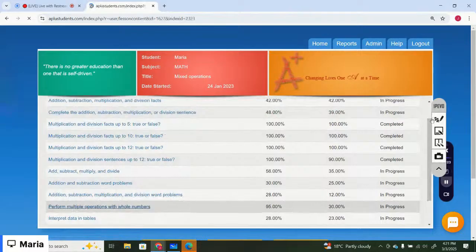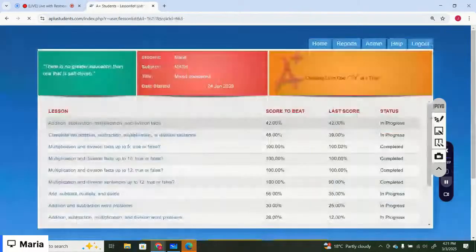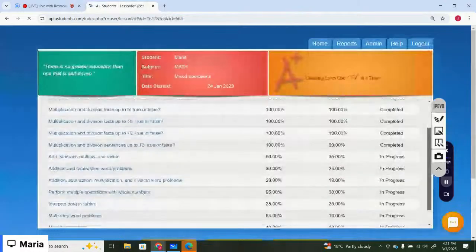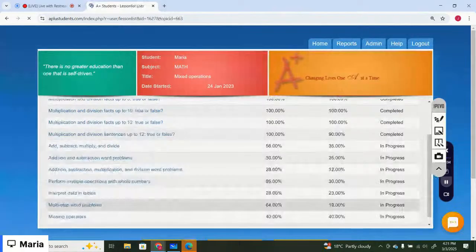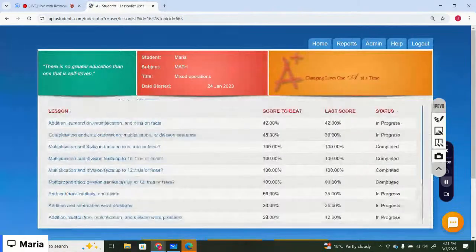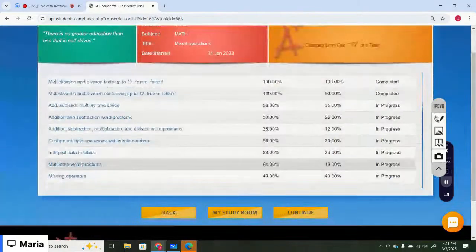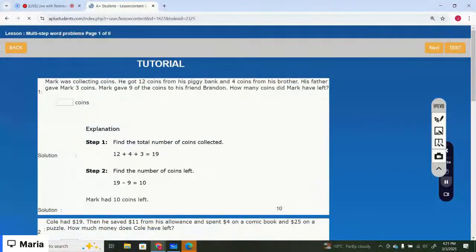No, that's one we already did. Multi-step word problems. Let's just start with the test questions.